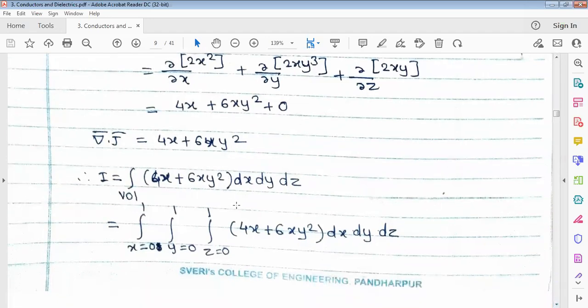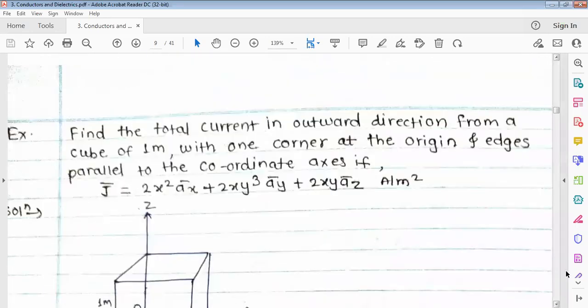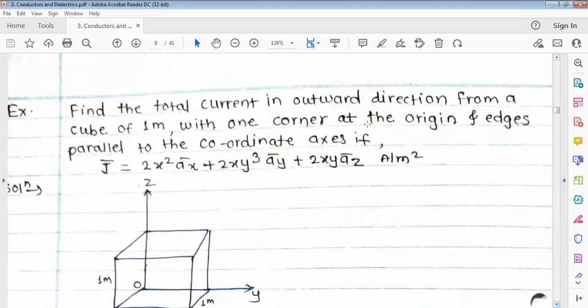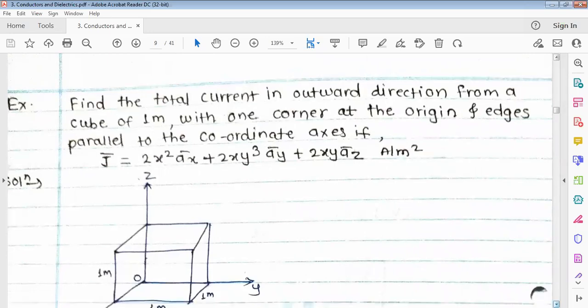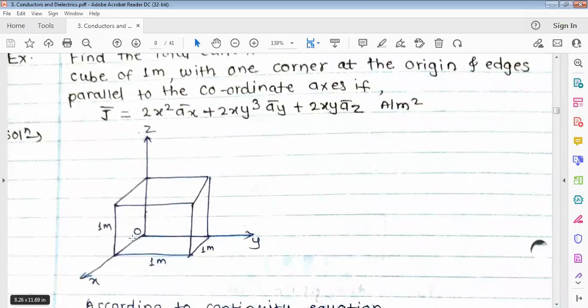And now the limits are from 0 to 1 because each side is of 1, right? 1 meter is given. You can see here, outward direction from a cube of 1 meter. The length of the cube is 1 meter in all directions.